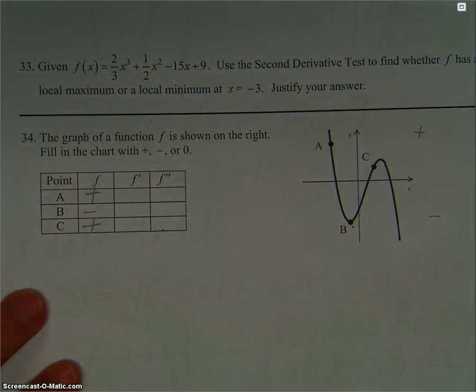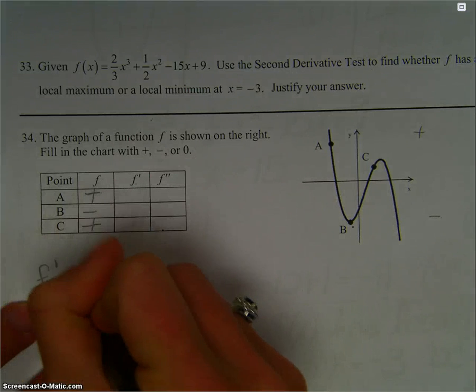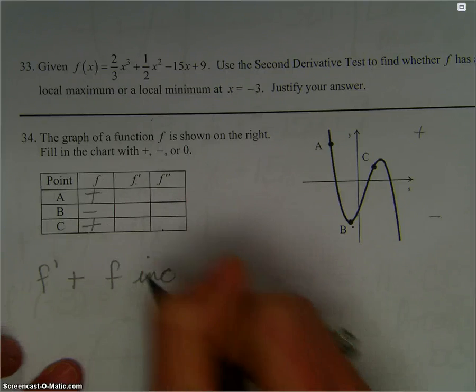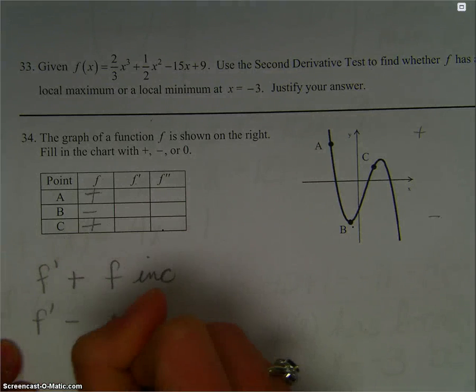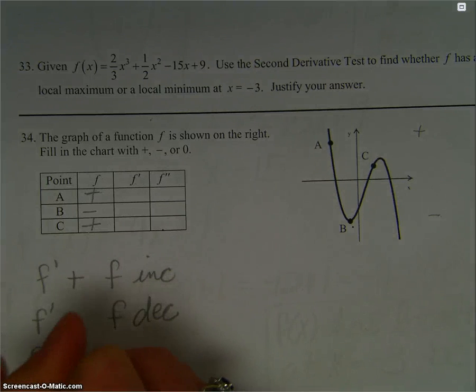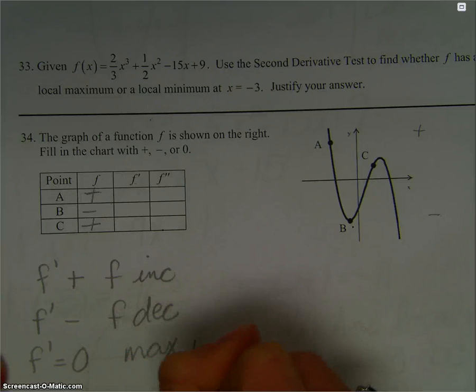All right, then I want to talk about f prime. When f prime is positive, I know that f is increasing. When f prime is negative, I know that f is decreasing. And when f prime is 0, I know that I have either a maximum or a minimum.